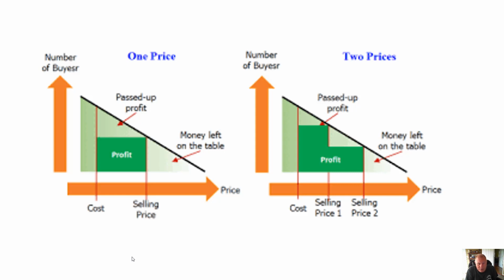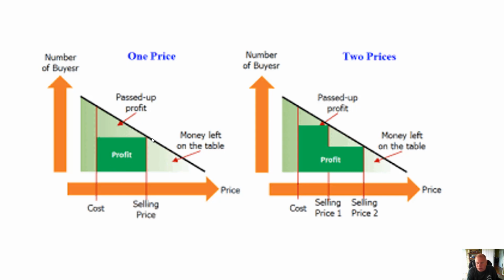It's a little cloudy, but a lot of times we have dynamic pricing. And if we look at this, if you have one price, here's our price on this side, here's the number of buyers, here's the cost, okay, and here's the profit.